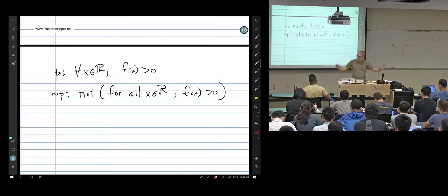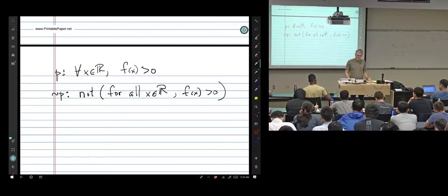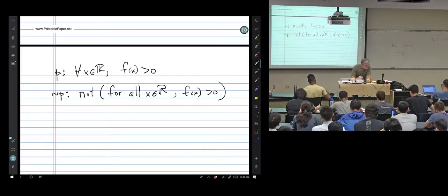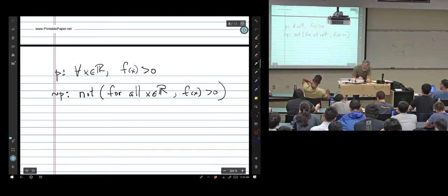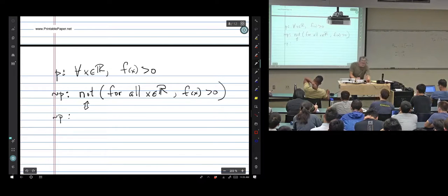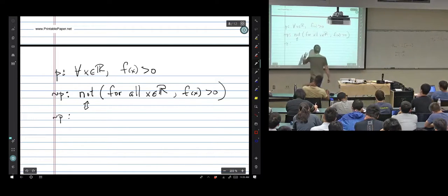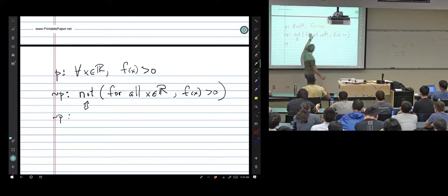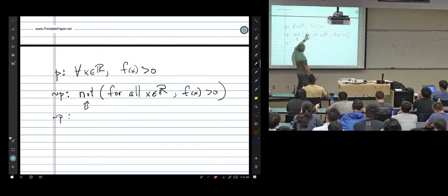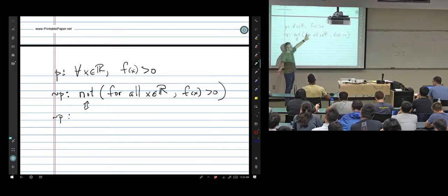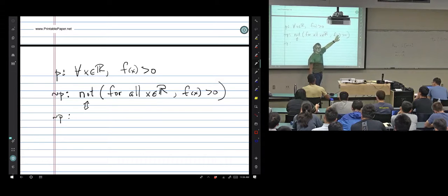Write this out in language, not symbols. Well, language is symbols, but not math symbols, okay? Now, this is if and only if what? So not P. If it's not true that for every x, for all of these x's, this is positive, you have for some x, this is false.